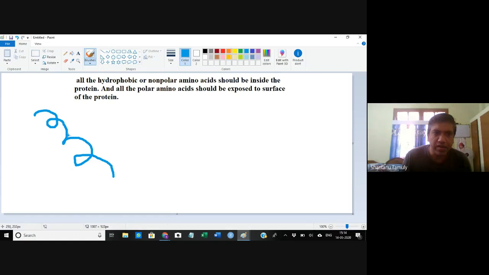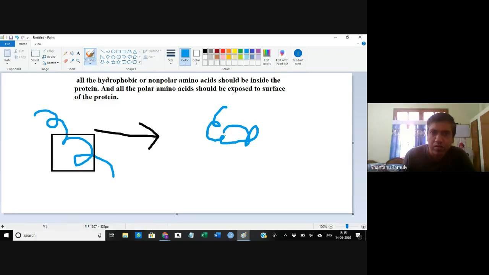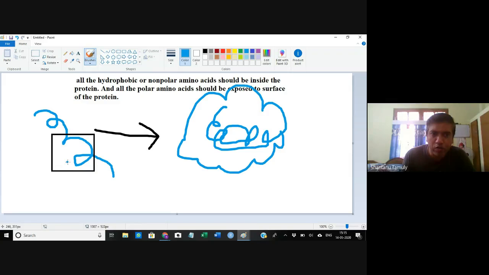Let us assume that this particular part of the protein is comprised of hydrophobic amino acids. In that case, this protein should fold in this manner, so that this hydrophobic part of the protein is inside.